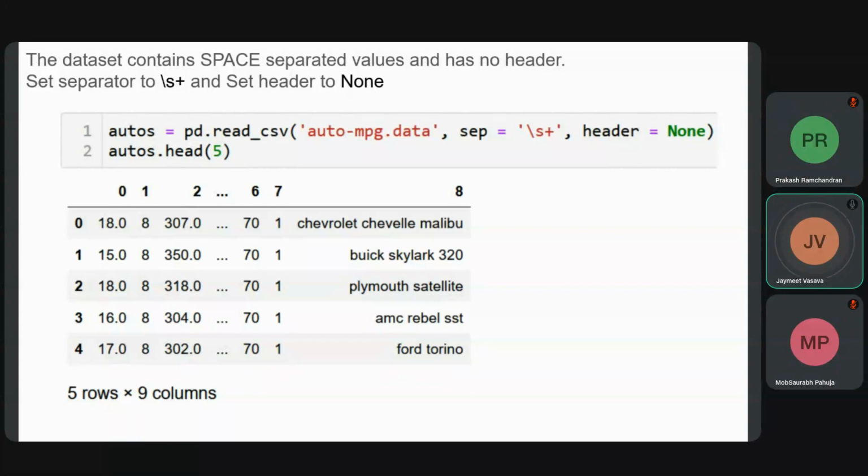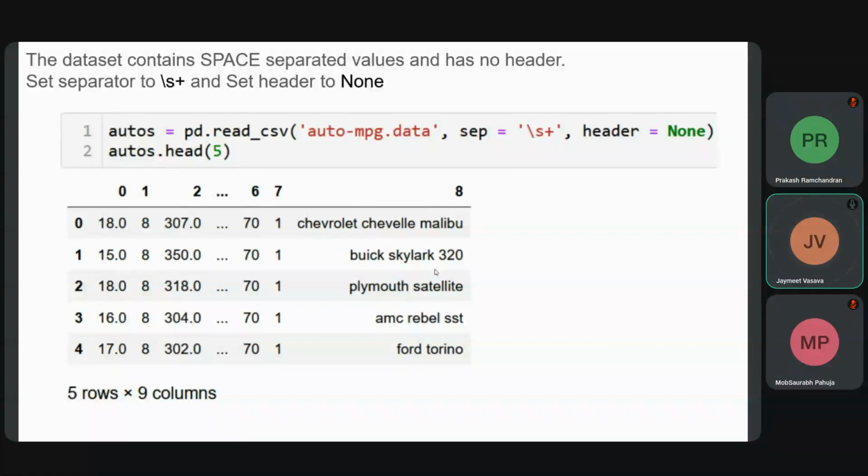Then header: in this data set, we do not have a header or the headings for the columns, so that is why we are using header equals None.